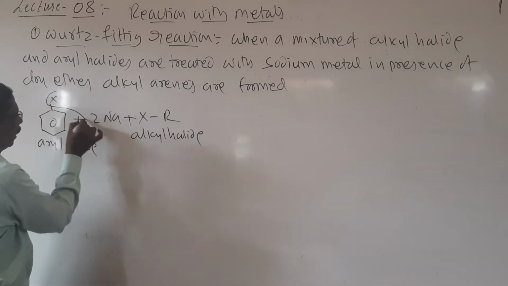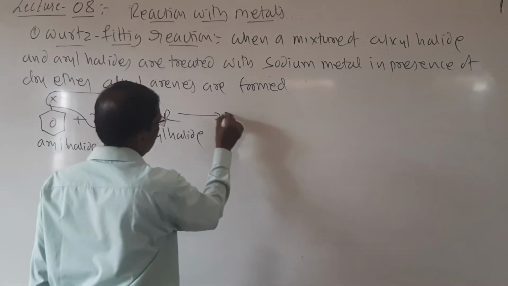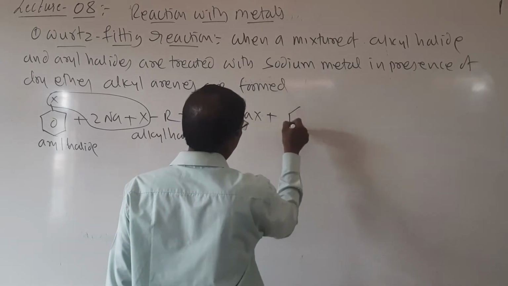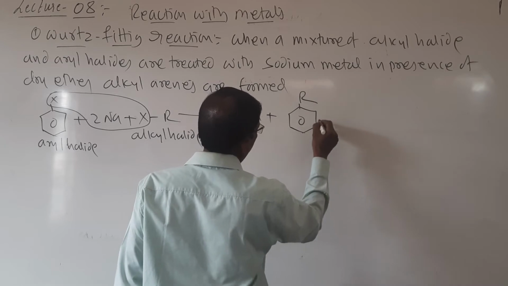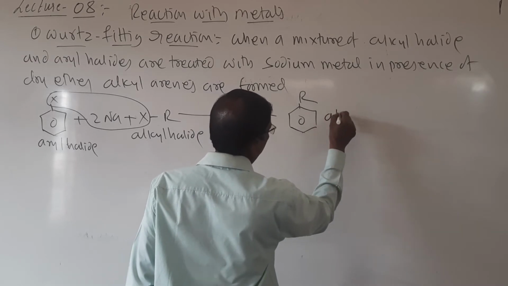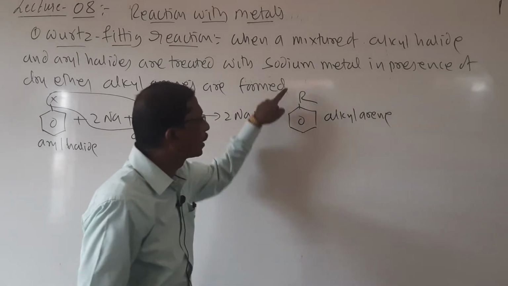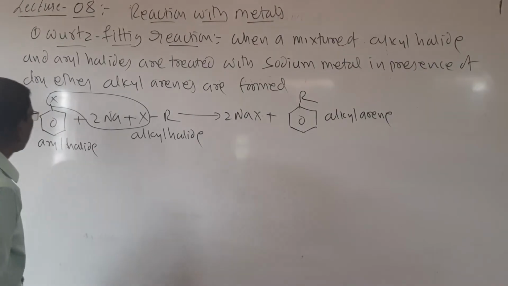So here 2NaX is removed, plus here it forms alkyl arene. Alkyl arene. So I will take an example here.